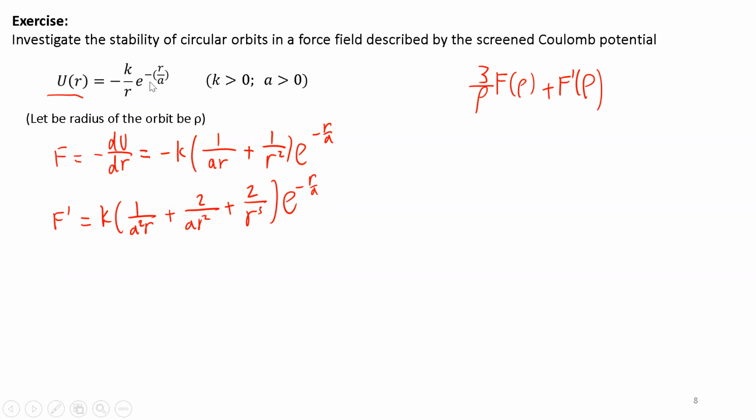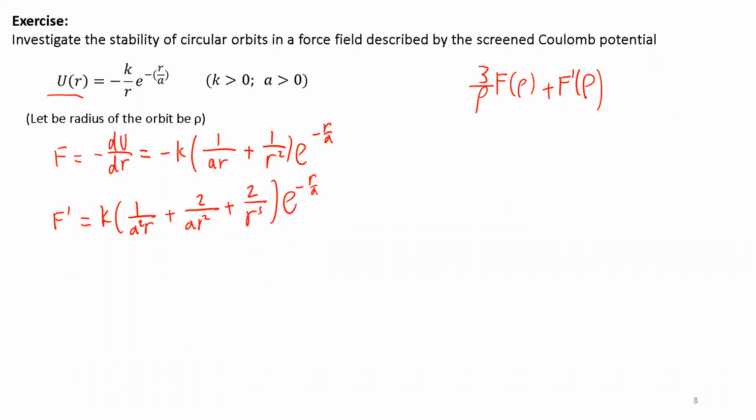You know that e to the minus r divided by a is a decaying function over r, so it will be a function that decays more rapidly compared to your regular Coulomb potential. This is the behavior of the potential that I have over here.